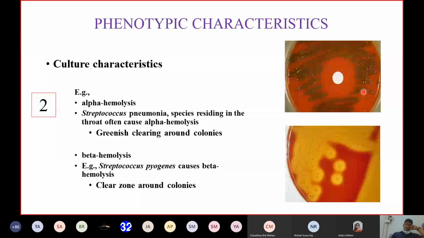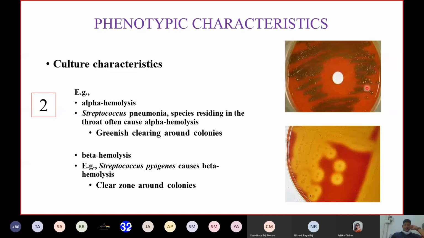That's why we call it alpha hemolysis in this picture. And one more point you can observe here is it is very mucoid, because the organism is producing capsule, that's why it looks mucoid. If Streptococcus pneumoniae is not producing capsule, then it may look like rough colonies.